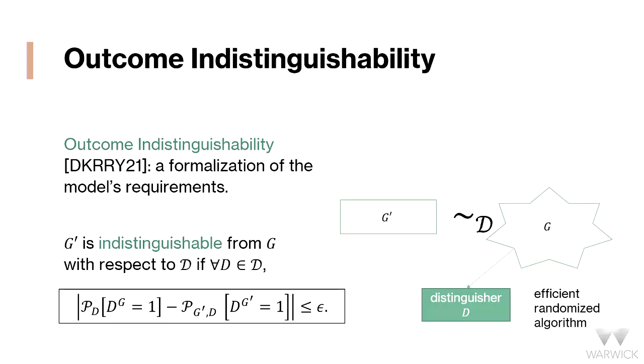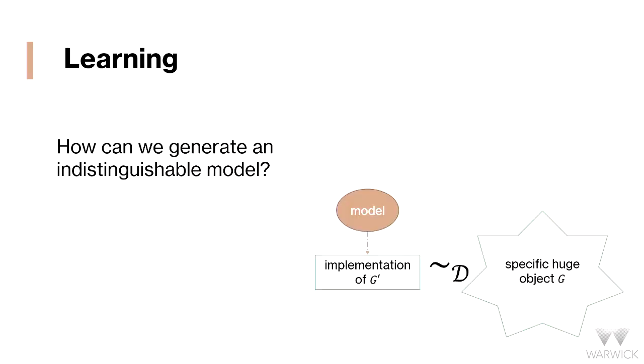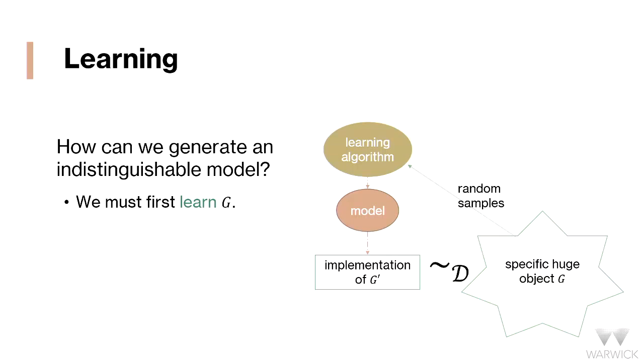Now, I've talked about what we want to achieve, but how can we achieve that? So we have a specific object. We need to somehow learn this object to know how to generate something that is indistinguishable. So we need a learning algorithm. And this learning algorithm can receive samples from our huge object, and it should learn it. But this object is huge, and our learning algorithm needs to be efficient, so it cannot really do that.